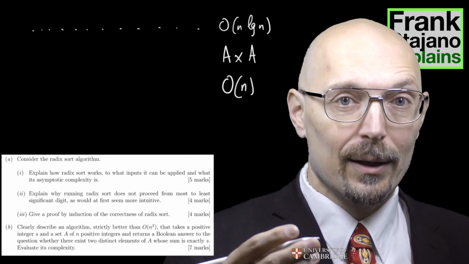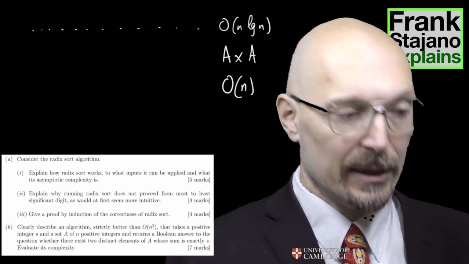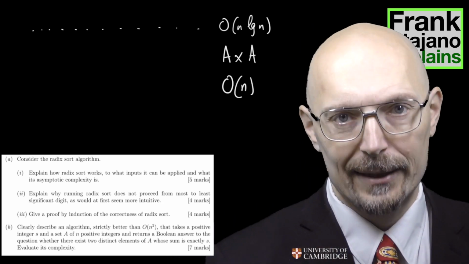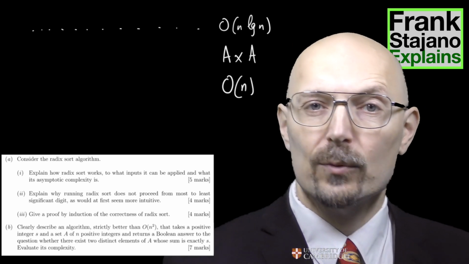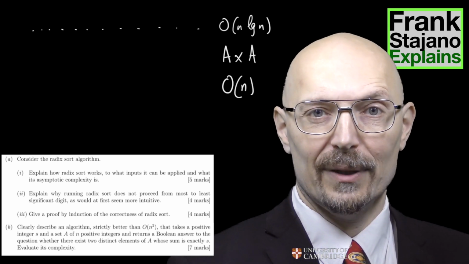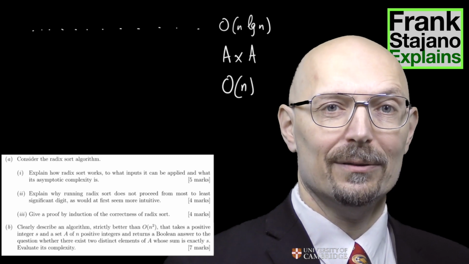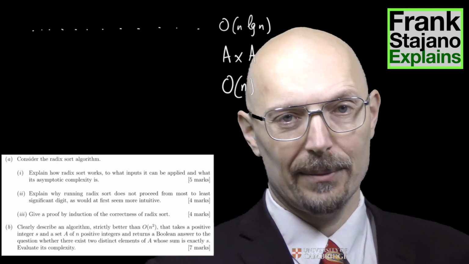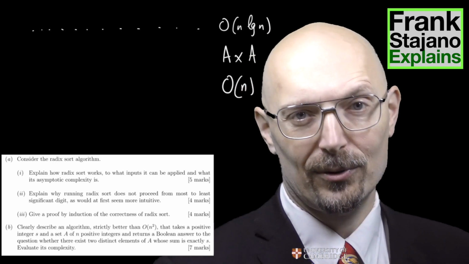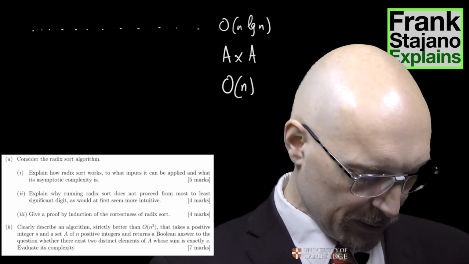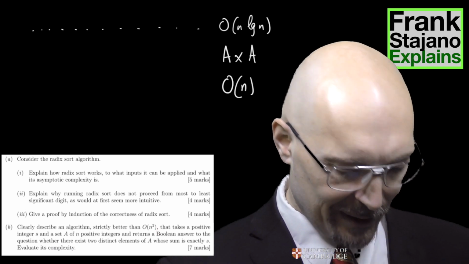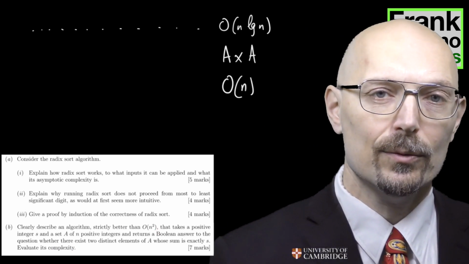And if it's just 1, I should say no, because I wouldn't be able to produce 2 distinct elements of A whose sum is exactly S. And that way, I have solved my special cases too, and I should be very proud, and definitely be earning my full 7 marks for having found a solution of complexity very strictly better than big O of n squared, namely big O of n.